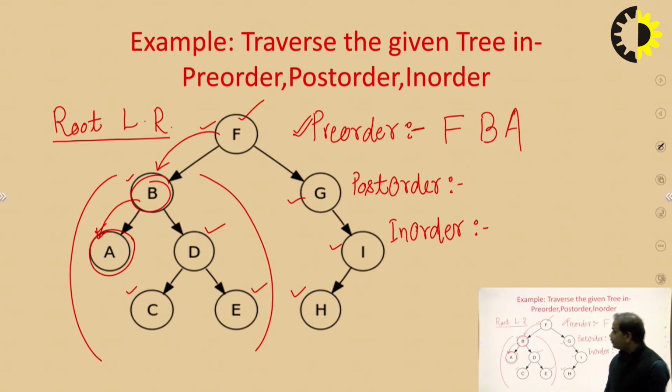So now we move on to the parent of A, which is B, already processed.